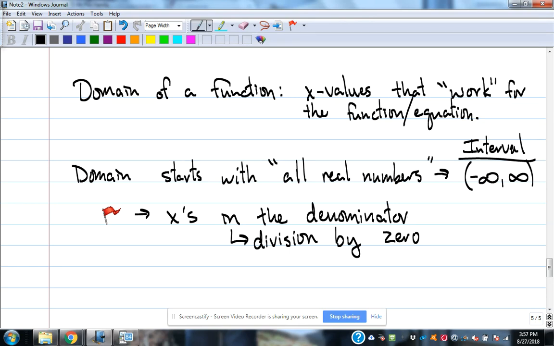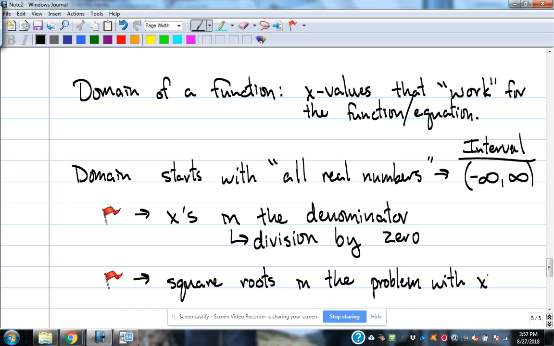What do we do to find those x values that don't work? All right. The other red flag, and I say the other because there's only two that you got to know. Just two red flags. The other red flag is that there are square roots in the problem with x's.